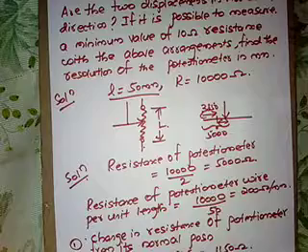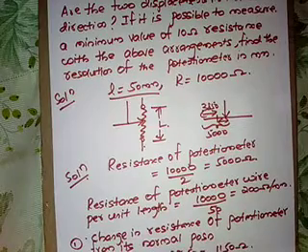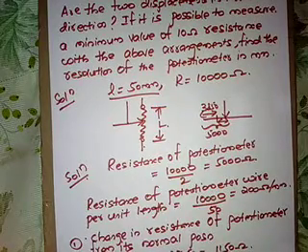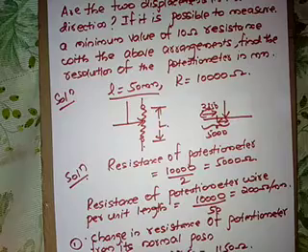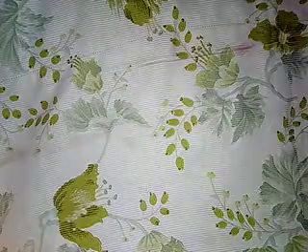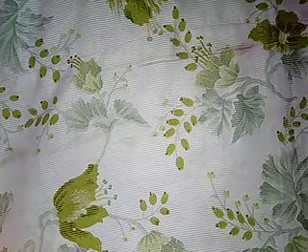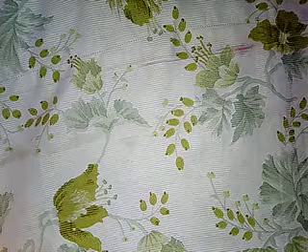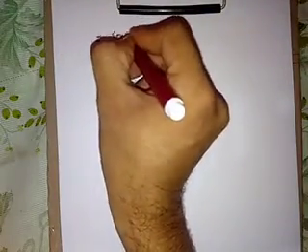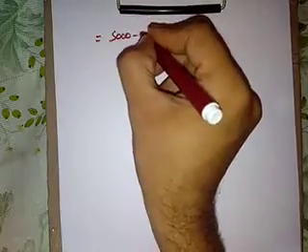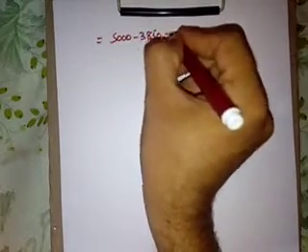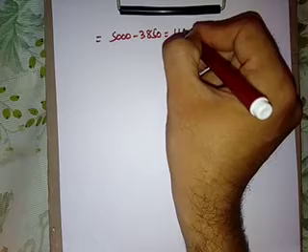So what will be the displacement then? Change in resistance of potentiometer from its normal position is 5000 minus 3850, so this is 1150 ohms.